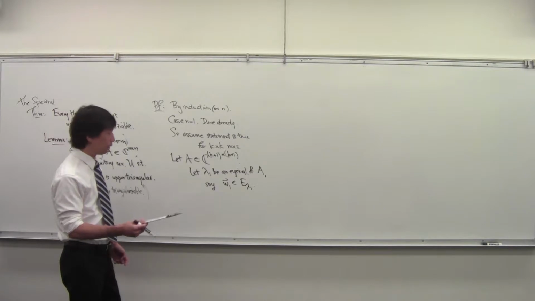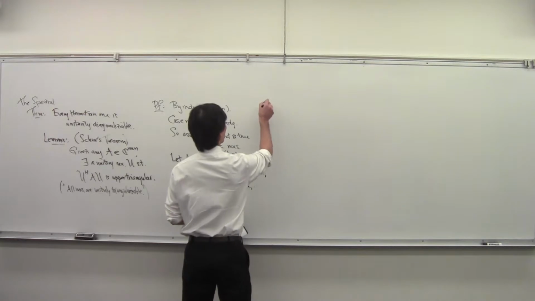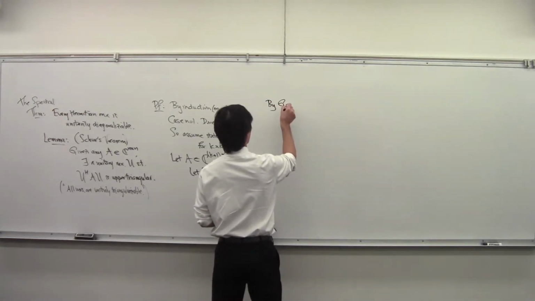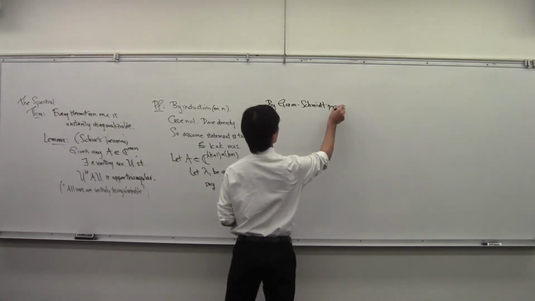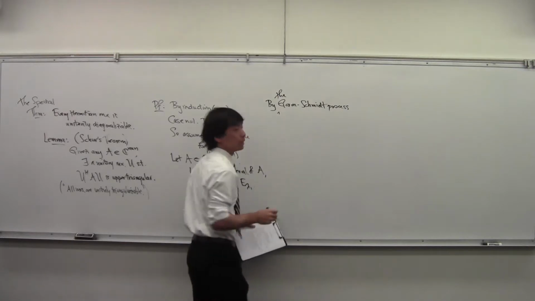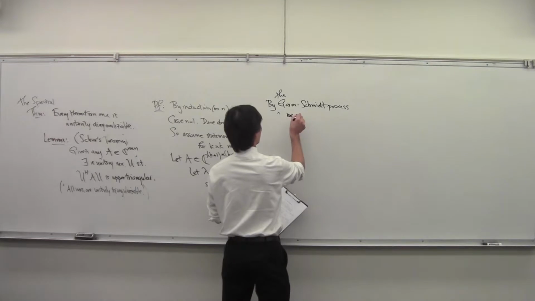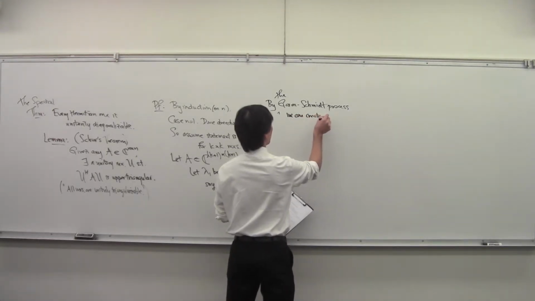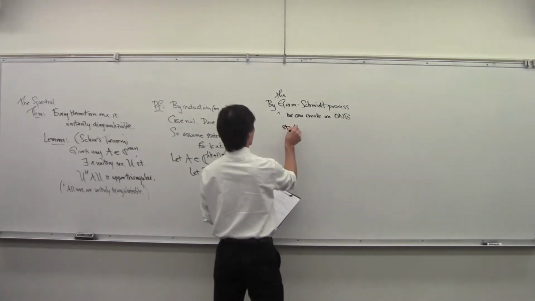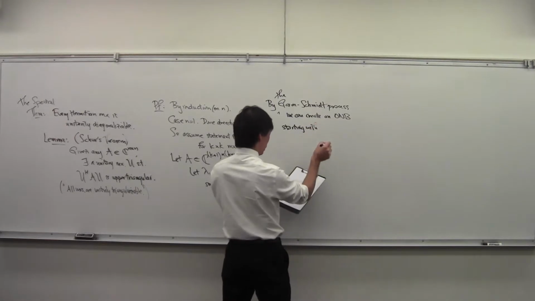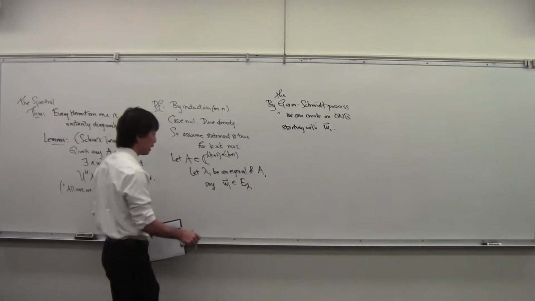Now, using the Gram-Schmidt process, we can create an orthonormal basis starting with w1.